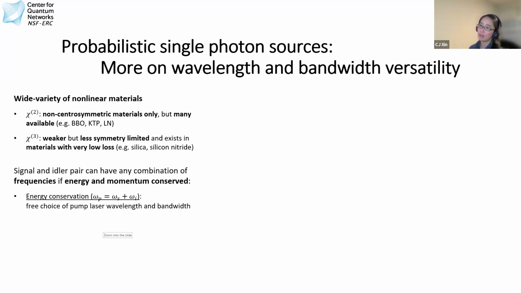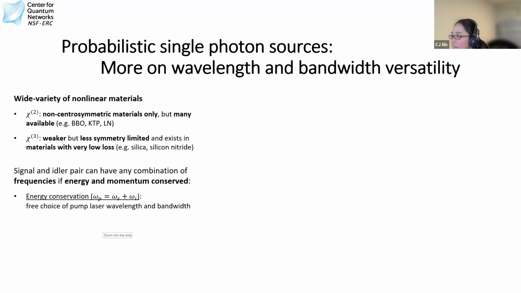You have a number of options there. You can use a Ti:sapphire laser. They operate really well there. Or if you're using chi3, your pump would just be near 1550.